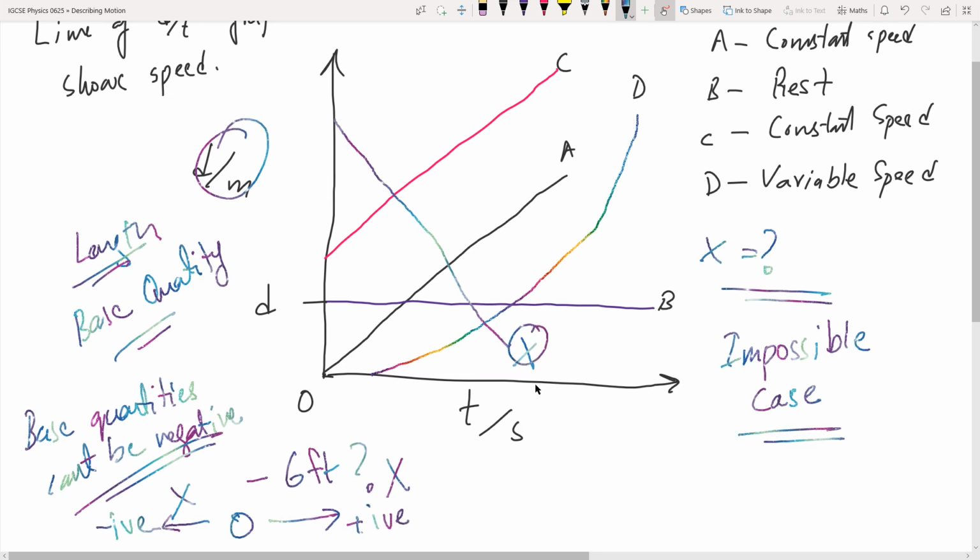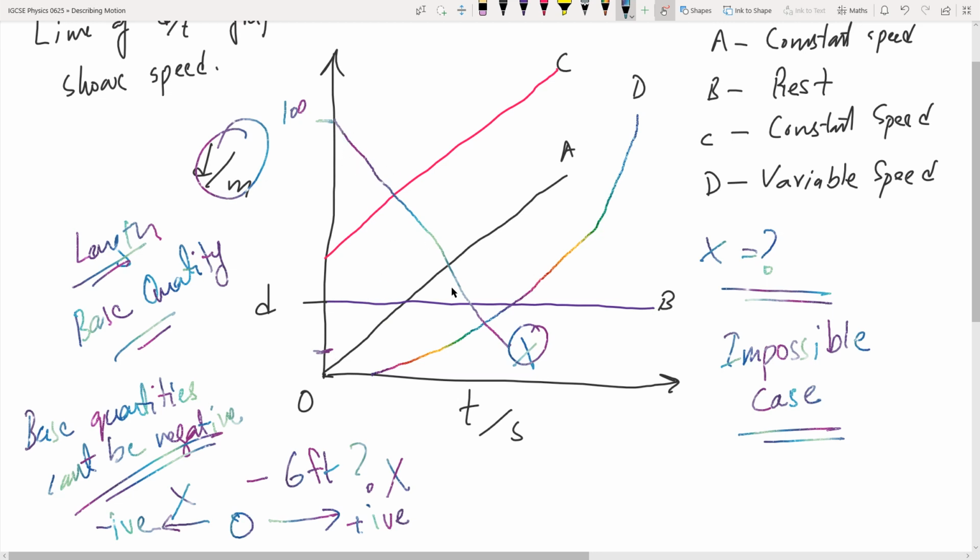So this X line you will probably never see in the exam. Just as food for thought, I drew this line because, as you can see over here, let's say this was 100 meters. How is it possible that the car could reduce its distance?